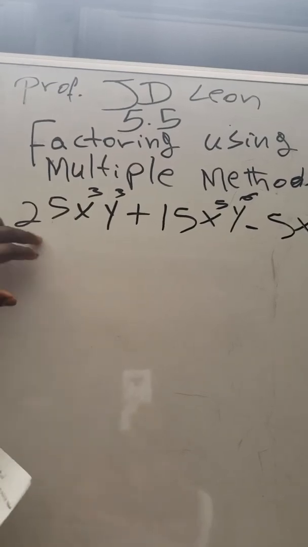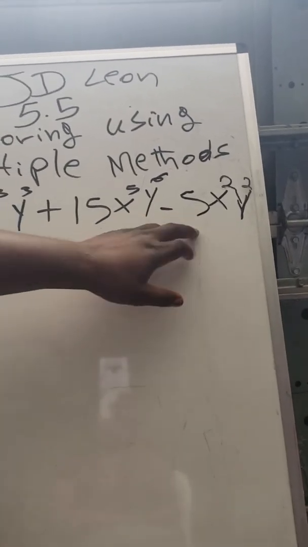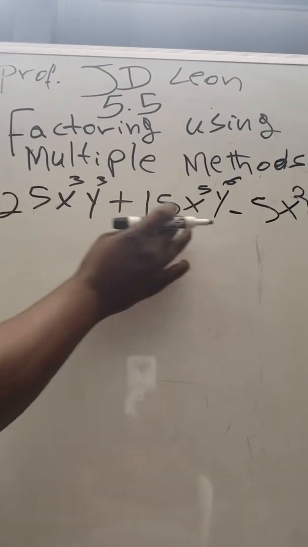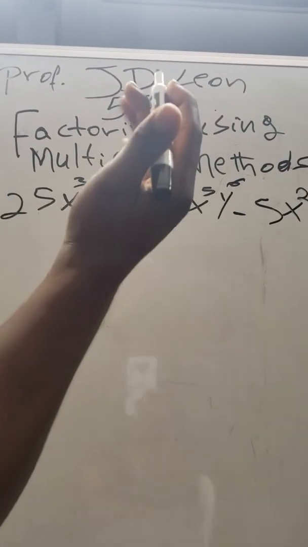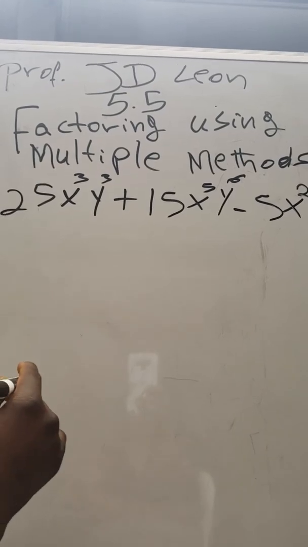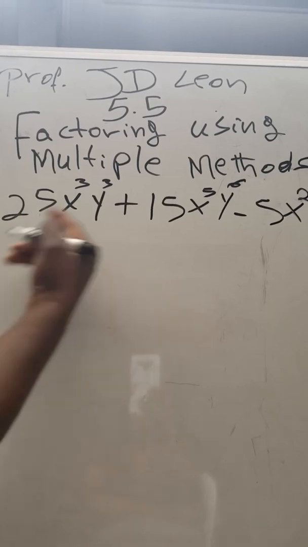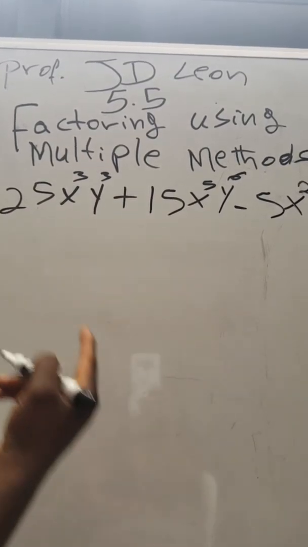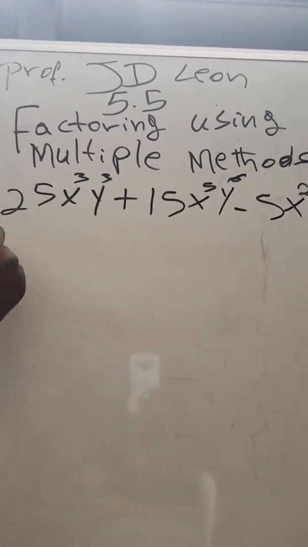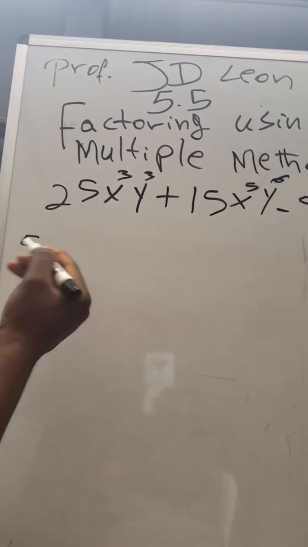Well, in this case, if you look, 25, 15, 5, yes, there's a GCF in terms of the numbers. What about the variable? Well, everything has x and y, to a certain degree in terms of the exponent. Everything could be divided evenly by 5, so we're going to start by pulling out a 5.